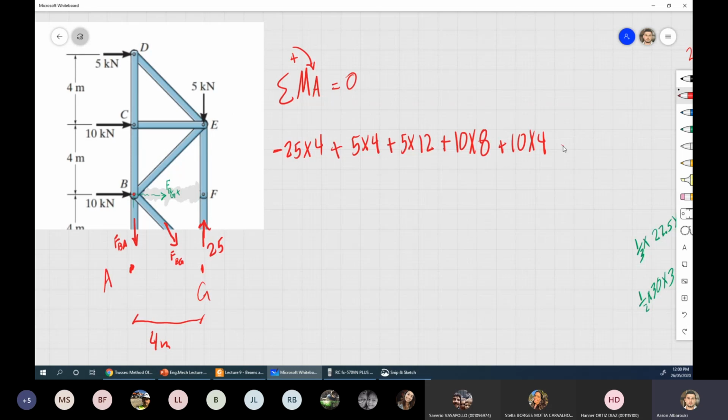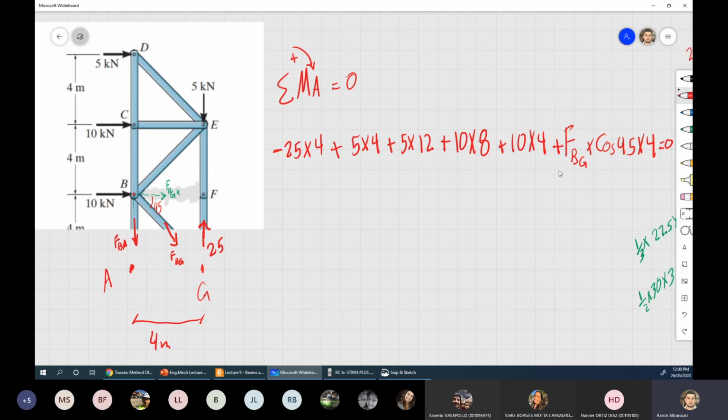The horizontal will be plus, because that's rotating clockwise, FBG multiplied by cosine 45. That's 45 degrees, because these are equal angles here. Multiplied by cosine 45, that's the actual force, and the distance itself is 4 meters by 4. That's all equal to 0.